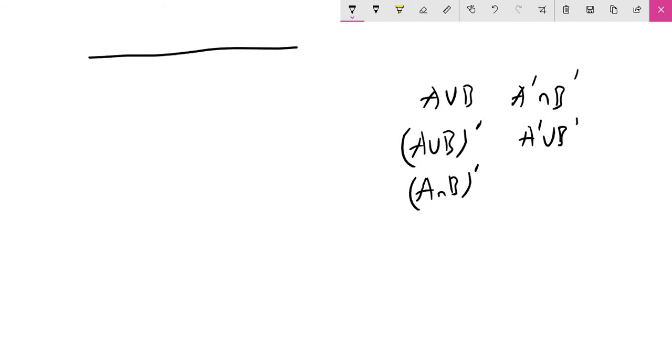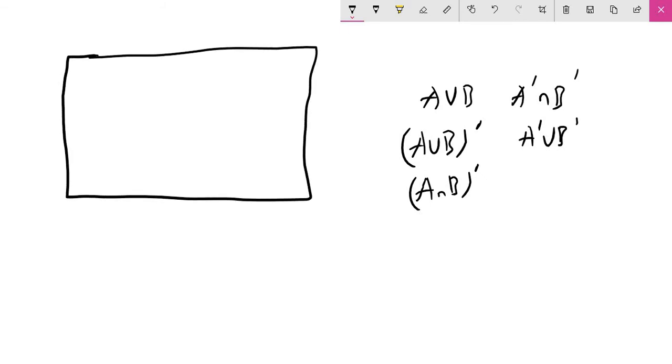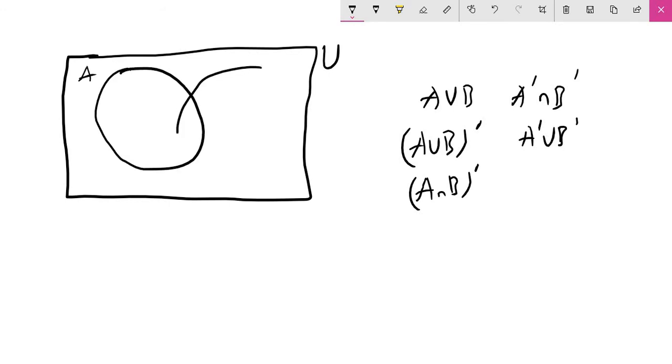Again, we have the diagram, and of course this is the universal set U. Say we have the set A and the set B, assuming there's some overlapping parts.